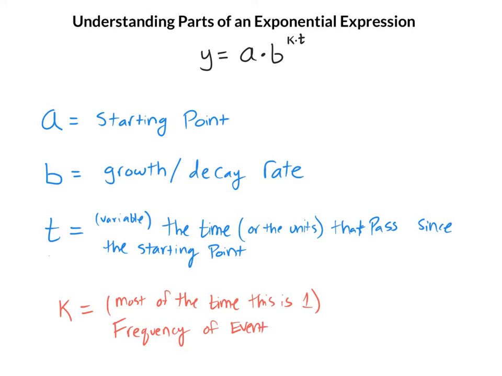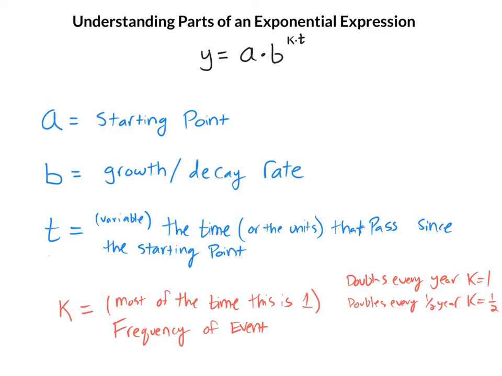But here are a few examples. If the population doubles every year, K will be every year, so every 1 year. If it doubles every half year, K is 1/2.